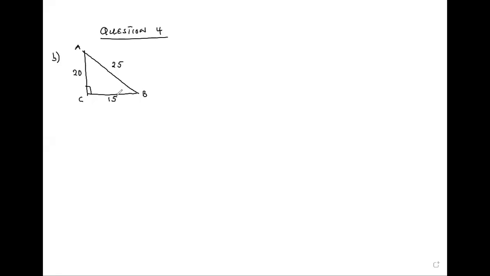So find the perimeter. So the perimeter of ABC is equal to 25 plus 15 plus 20.